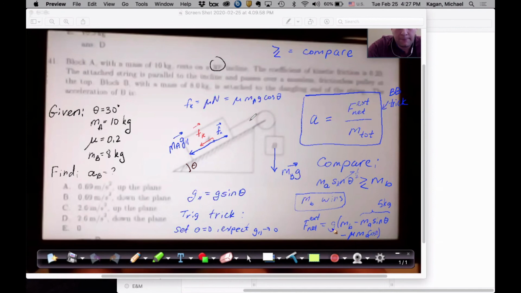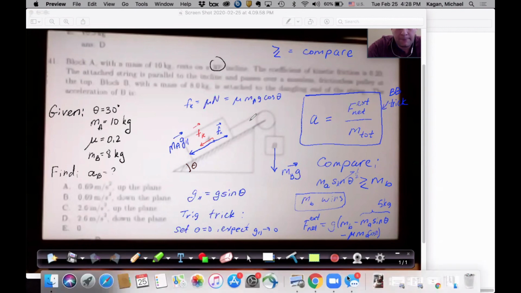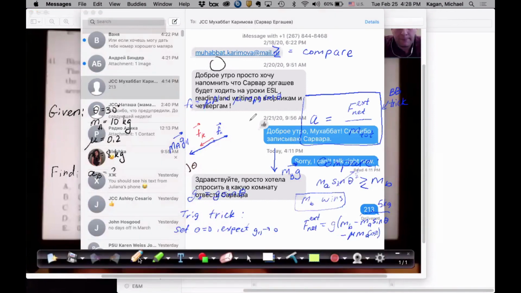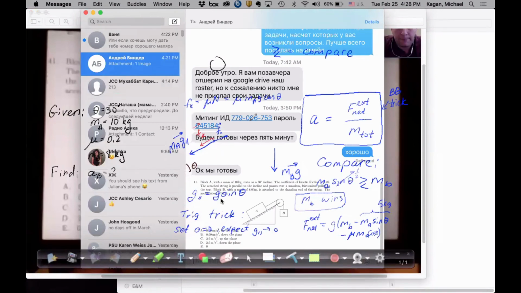Yeah, I cannot read. I'm not sure what this number is. Is it 0.89 or something? Oh, you did? Where? Yeah, let me see.